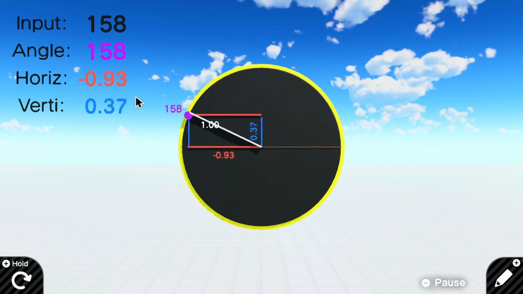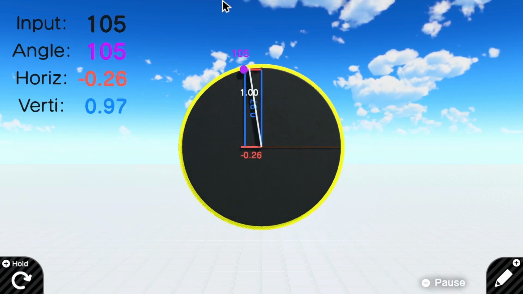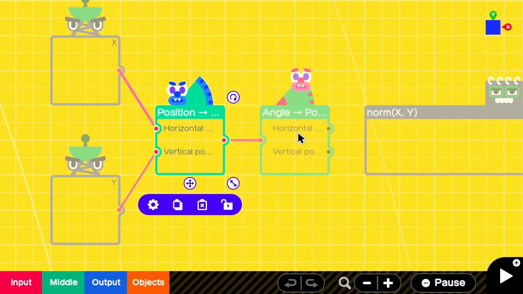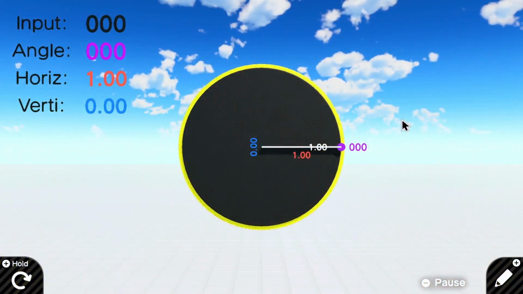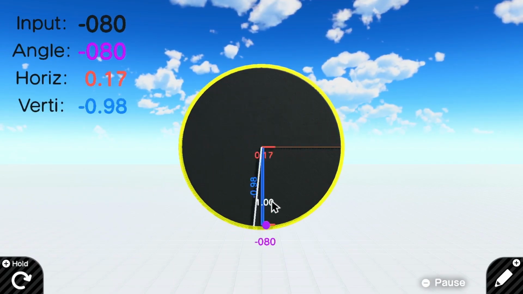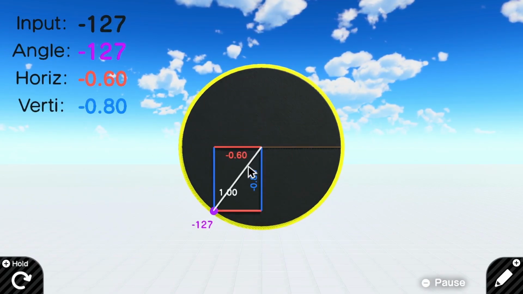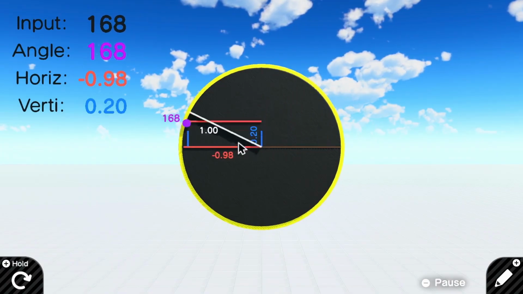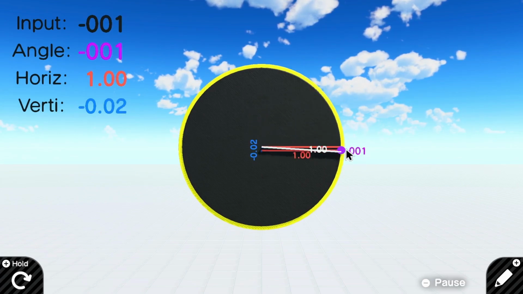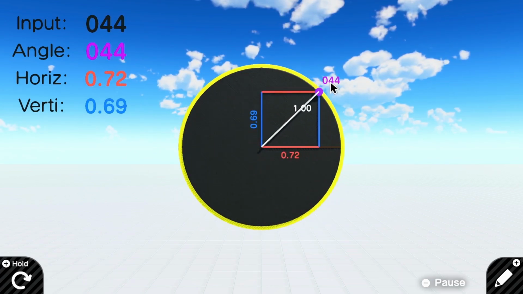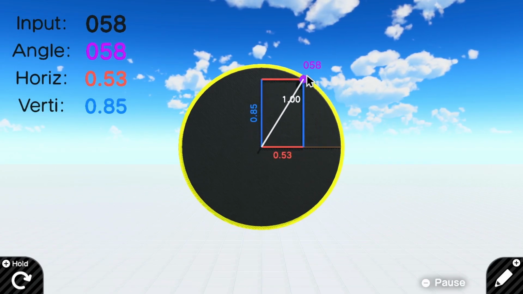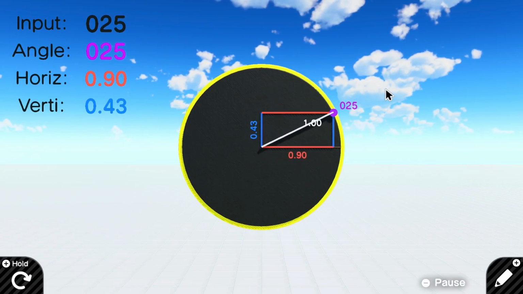And if we try to sweep around here, you can see that if we have this system where we have the position to angle nodon connected to an angle to position nodon, we're basically converting any position here and normalizing it to this circle specifically. So regardless of how big or how far our distance is, it normalizes the magnitude of our value to just this one circle. So regardless of how far or how close our input is, we'll know that the distance is always the same. Now, where would this be important?